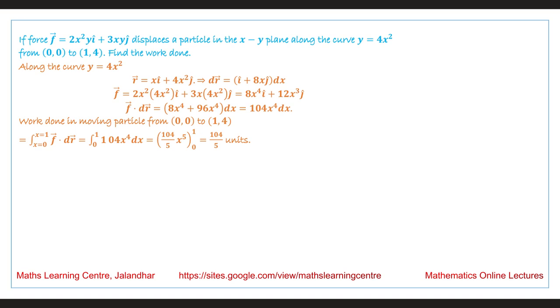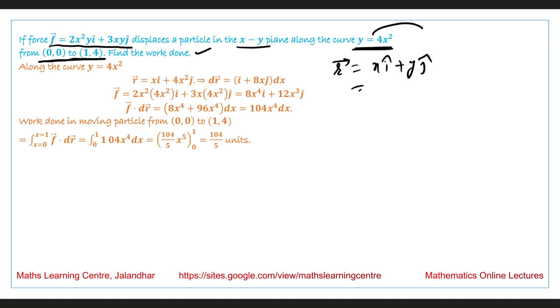Next is, if f vector is equal to this, displaces a particle in xy plane along the curve y is equal to 4x square, and it is moving from this point to this point, then we have to calculate the work done. So the value of r vector we have is equal to x i cap plus y j cap.